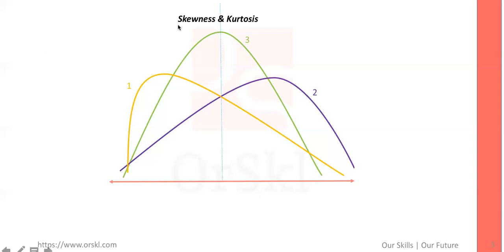Similarly, if skewness is close to 0, that means the data is symmetric over the mean. These are the two things. So coming back to these 3 bell curves, the first curve is called positively skewed because it is not exactly symmetric over the mean. The second one is called negatively skewed. And the third one is not skewed, also called normally distributed data.